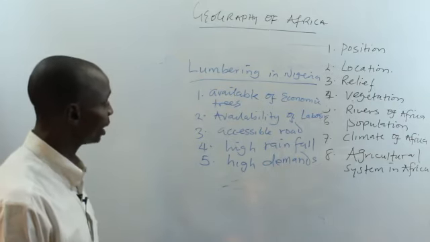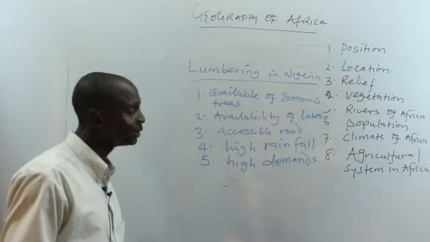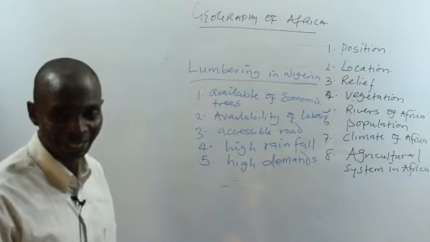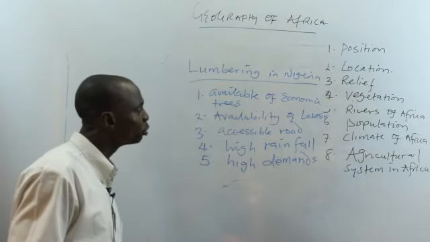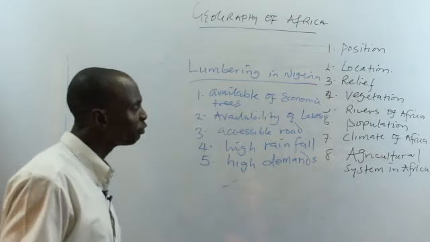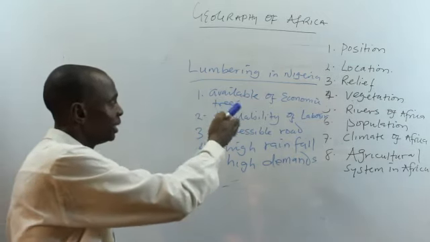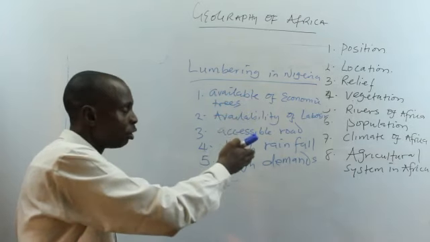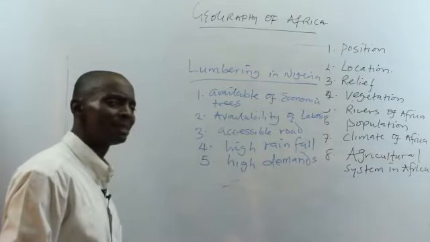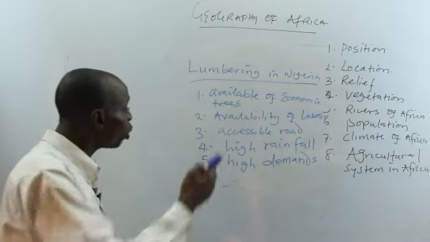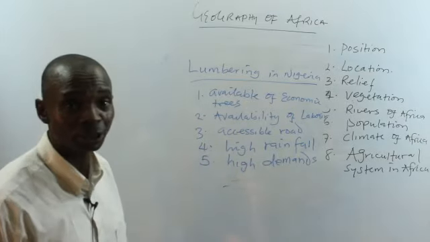Then, what is the importance of lumbering in Nigeria? Number 1, it generates employment. Number 2, it also leads to the improvement of standard of living. People that are involved in this means of livelihood, it has increased their standard of living. Number 3, it also leads to the development of infrastructure like access roads.